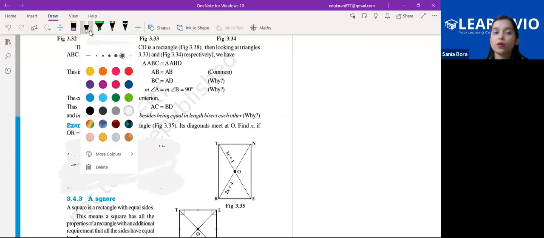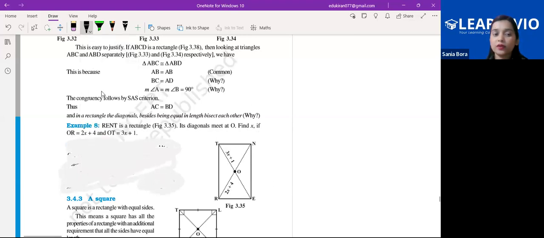Now I will tell you the property of a rectangle. In a rectangle, the diagonals, besides being equal in length, bisect each other. Clear? Can you repeat? In a rectangle, the diagonals are equal in length. Clear? Okay, ma'am.